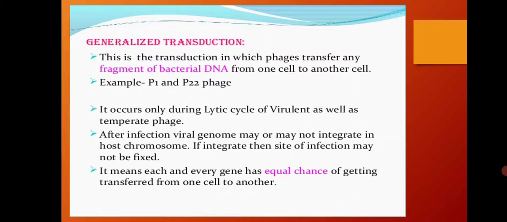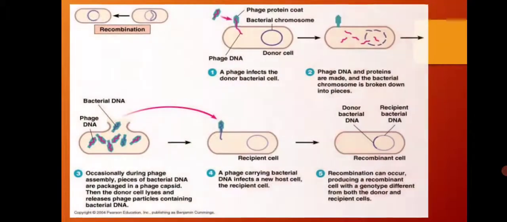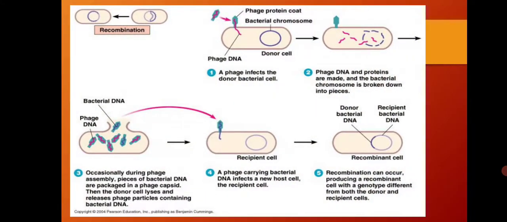But in generalized transduction, it may integrate or it may not; there are both chances. Getting my point? That is the difference between generalized and specialized transduction. The actual mechanism of generalized transduction is similar to the lytic cycle. So let's see a diagrammatic explanation of generalized transduction.